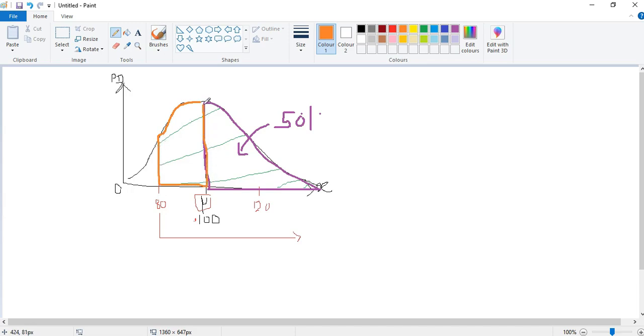So now we want the orange section value, because we already have the purple section's value, which is 50% by nature. We didn't do any calculation to get it. By nature we will know that it is 50% because we consider all the x values from the mean. Fine. In calculating this orange area, you should apply the formula.